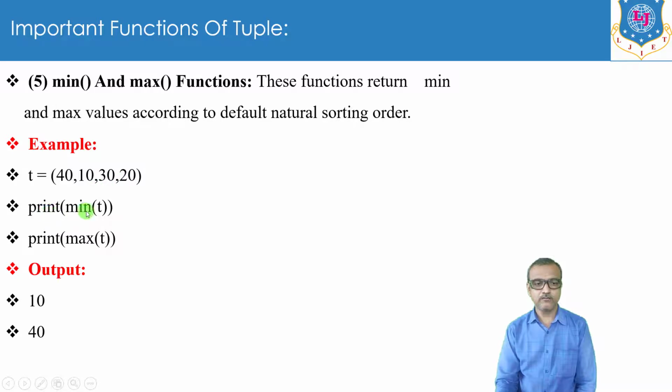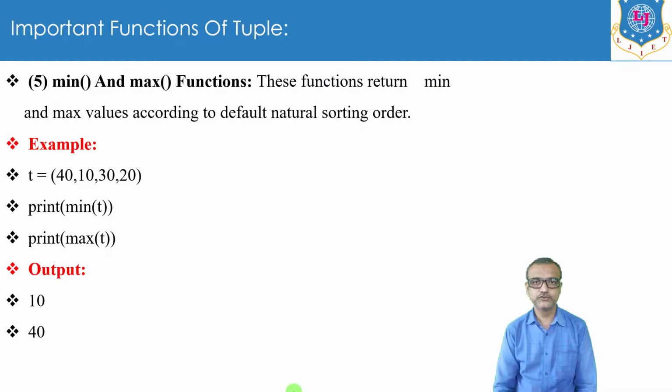Now print of min of T will give us the minimum value, that is 10 in this case, and print of max of T will give us the maximum value from these elements, that is 40 in this case. So what is the output? That is 10 and 40. 10 is the minimum value and 40 is the maximum value.